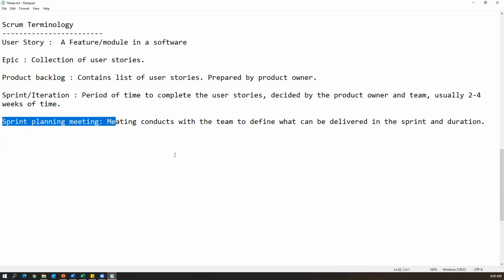Two things will be the main focus in the sprint planning meeting. What are those? The first is how many stories we have in the backlog and how many stories we are going to develop and test during the sprint, and the second is what the duration of the sprint is. These things will be discussed during the sprint planning meeting, and most of the time it will be a 1 day meeting.